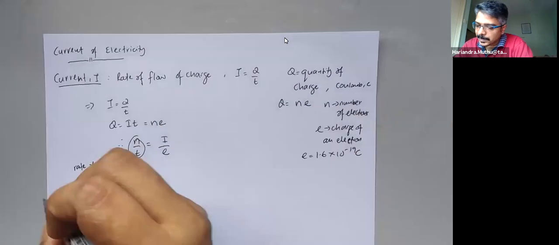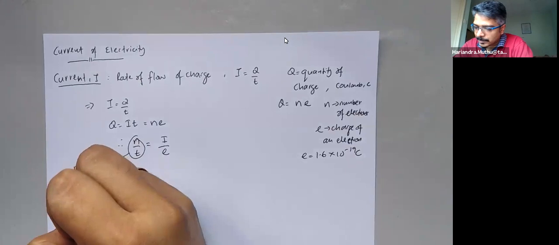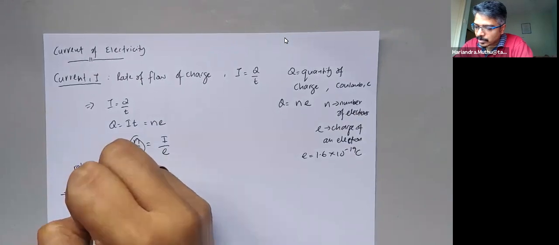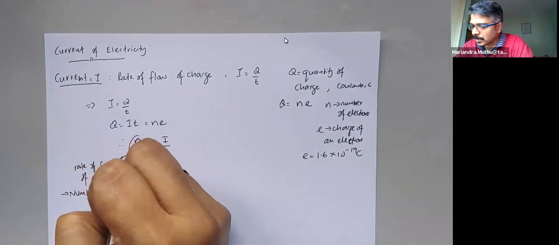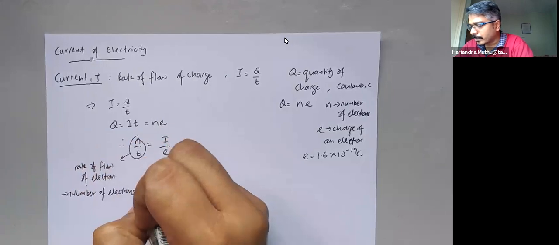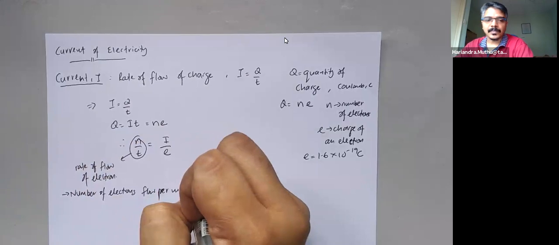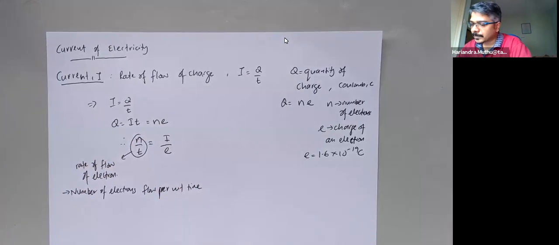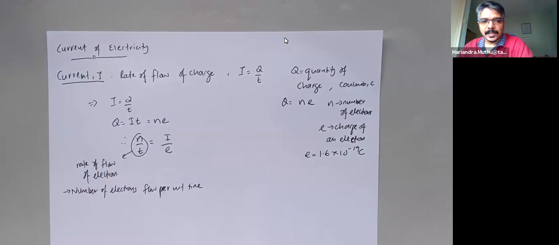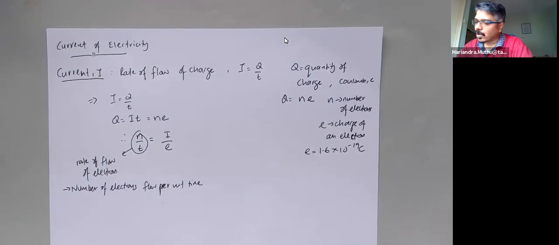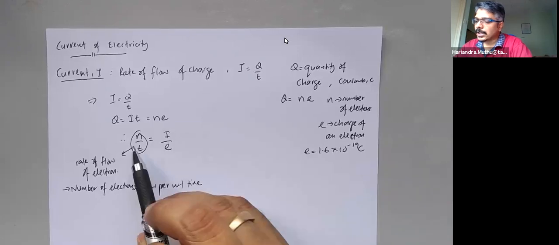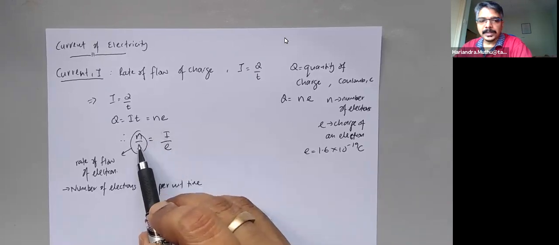It means it is the number of electrons flowing per unit time, or per second. So that is the definition of current and how it is related to N over T.